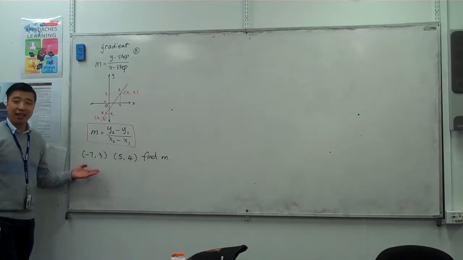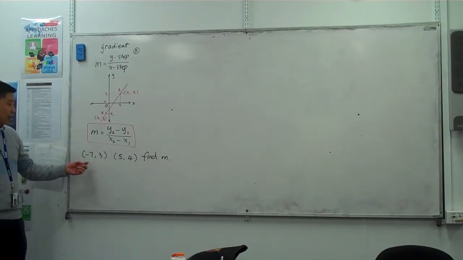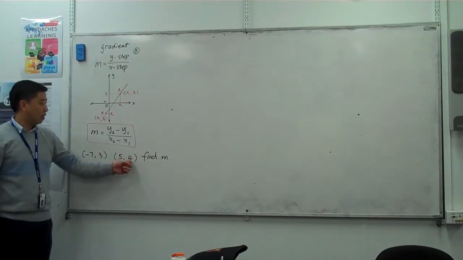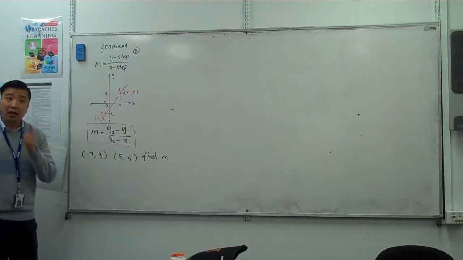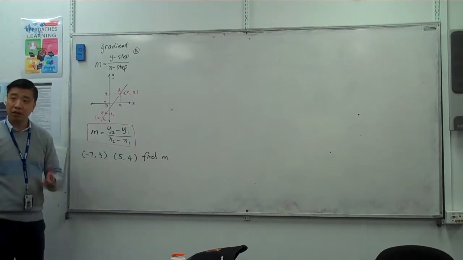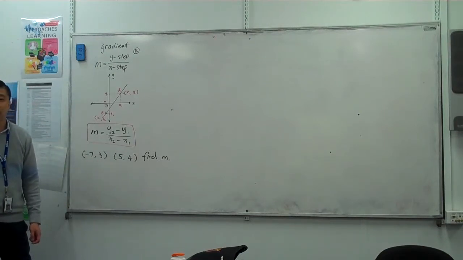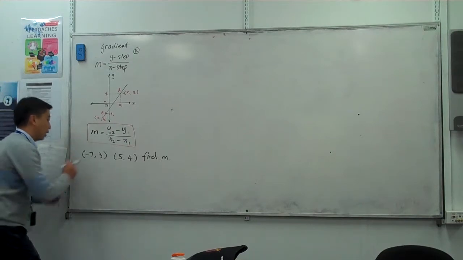Some people may say, oh, I don't have to do that, I know this is 1, 2, and this is x1, y1, x2, y2. Later, when you substitute that, you will be confused. Alright, now let's do that.